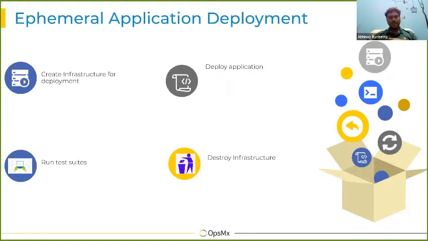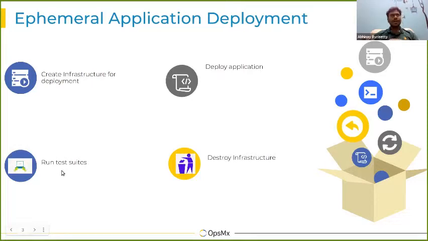So that's what I'm going to talk about today, wherein let's say I have these 4 steps. We need to create an infrastructure and deploy to it, and I want to save cost and destroy my infrastructure after I am done with everything. So I'm going to create a pipeline that will create infrastructure for deployment, deploy my application to the same infrastructure created in the previous step, and then run a bunch of test suites.